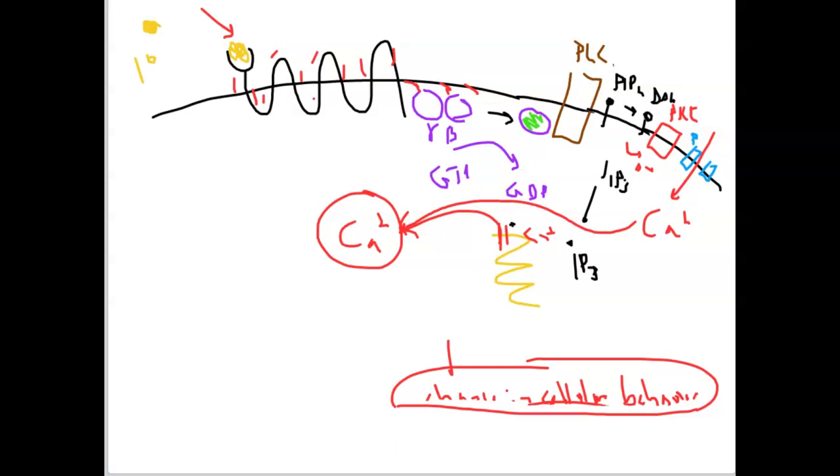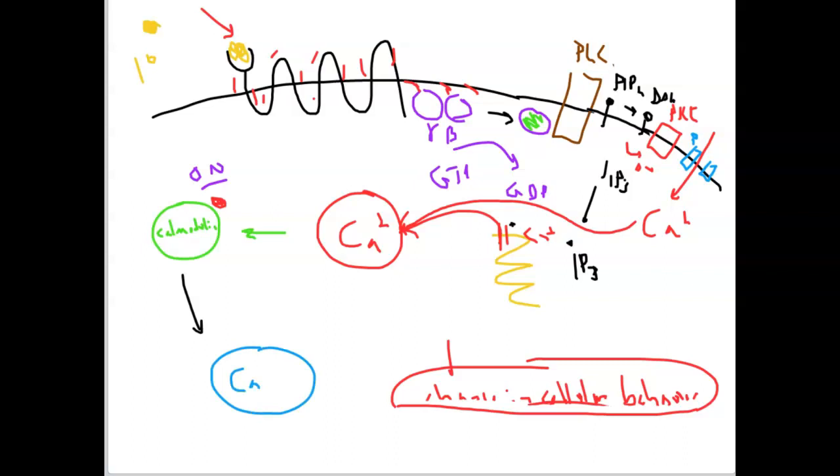Now, this calcium interacts with a protein that is modulated by calcium levels. So calcium, when it's present, will turn this protein on. And since this protein is modulated by calcium, its name is calmodulin. Calmodulin, when it is on, will activate an enzyme called calcium modulated kinase.